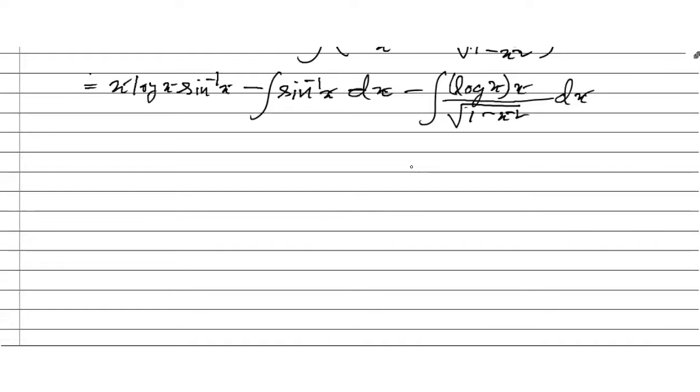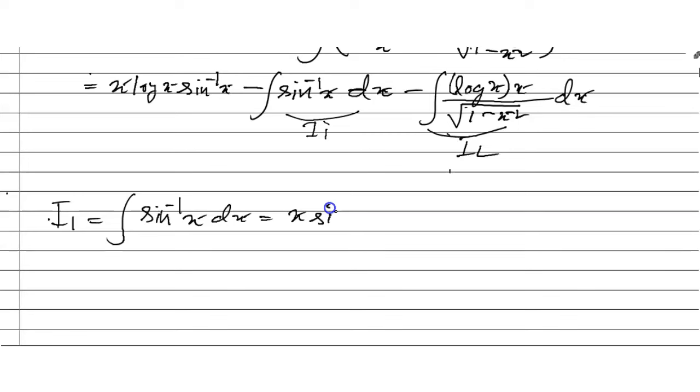So friends, we will solve it step by step. I will write this as I1 and this as I2. So at first I will solve I1. So whatever I get, integration sine inverse x dx is equal to x into sine inverse x minus integral of x divided by root over 1 minus x square dx.